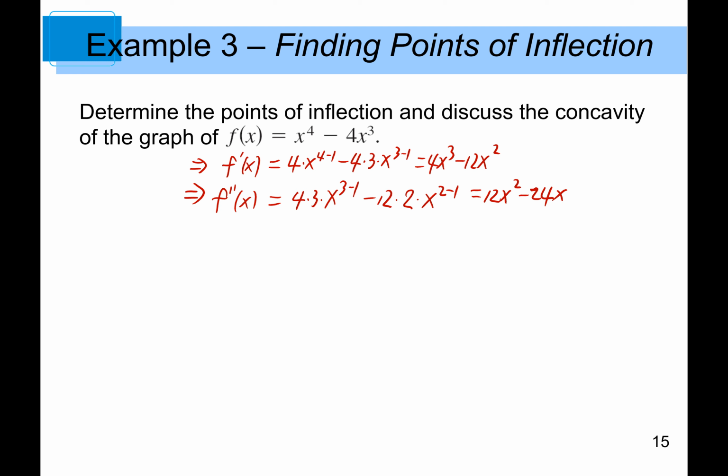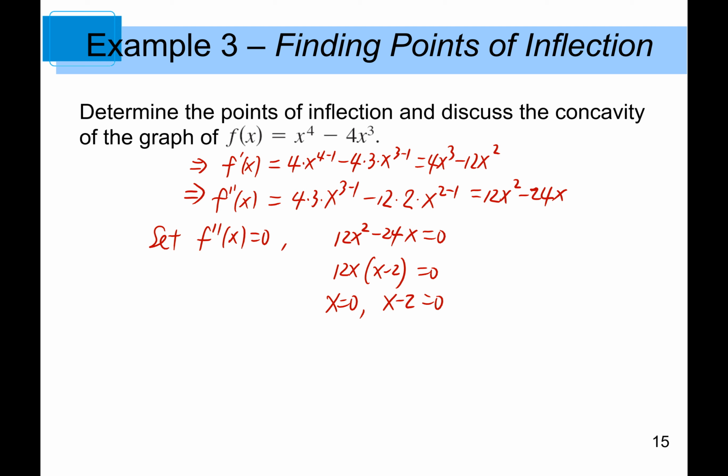Now we set the second derivative equal to 0 and solve for x. So 12x squared minus 24x equals 0. If you factor out 12x, we get x minus 2 equals 0. Setting each factor equal to 0, we get x equals 0 and x equals 2.